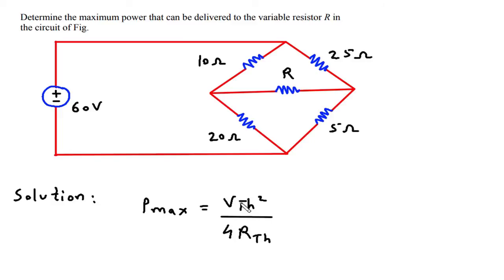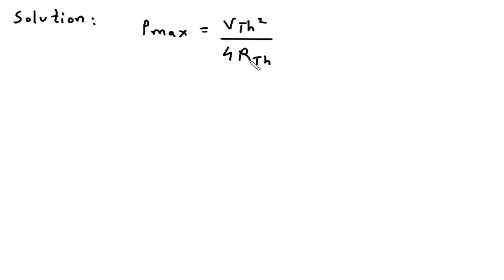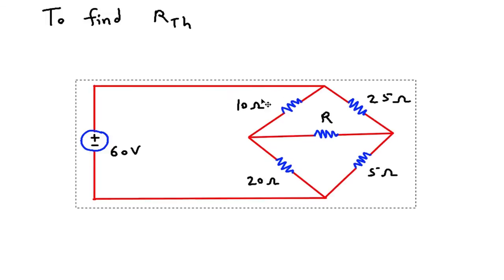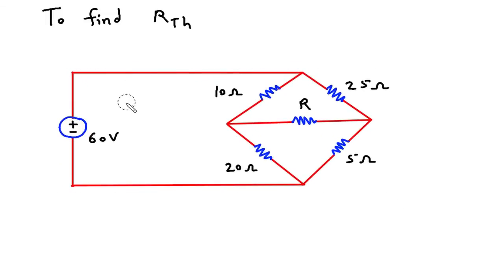So we have to find this VTH and this RTH. First we will find RTH. To find RTH, we will turn off all the independent sources. This is a voltage source, so this will be short circuited. And here this will be our RTH.